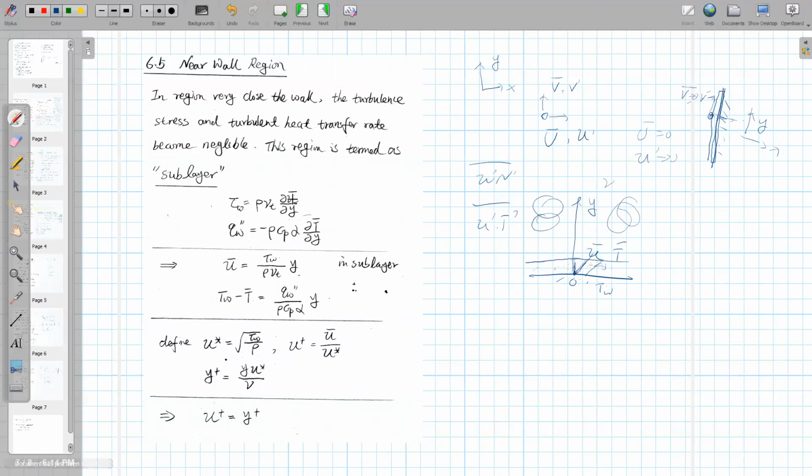So now we can write du/dy as U bar divided by y, and dT/dy as Tw minus T bar divided by y.